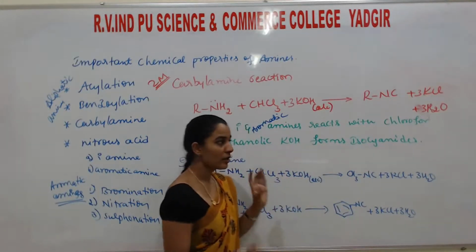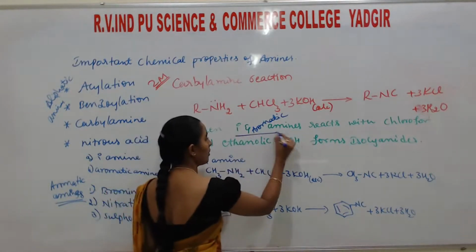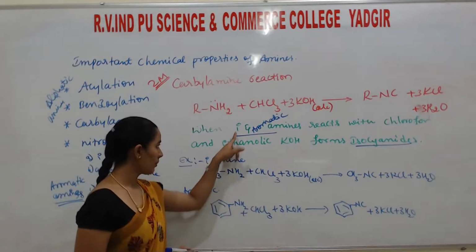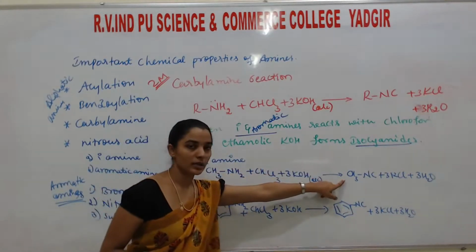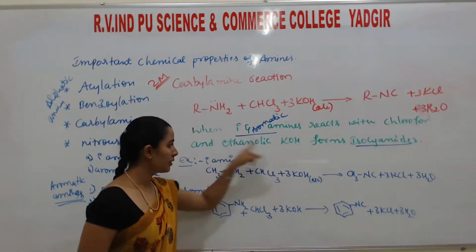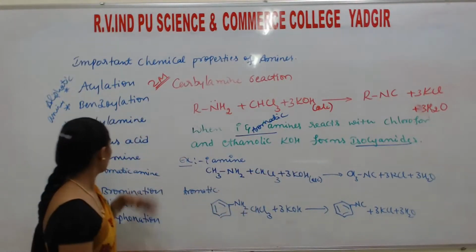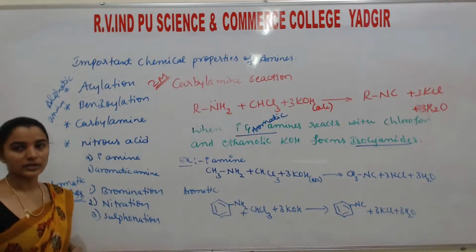Everything remains the same. You have to change the name of the amine and the final product. So this is the example. The remaining examples we will discuss in the next class.